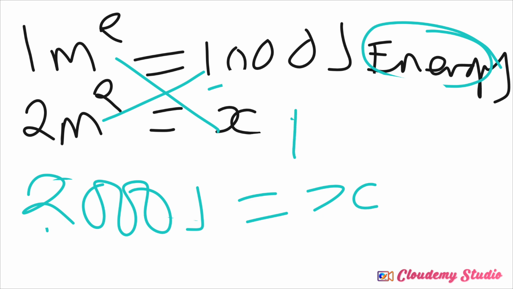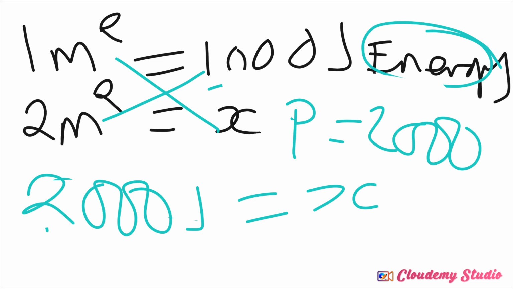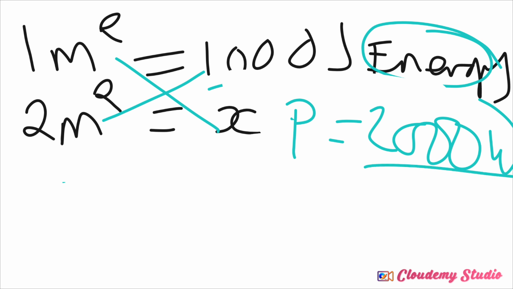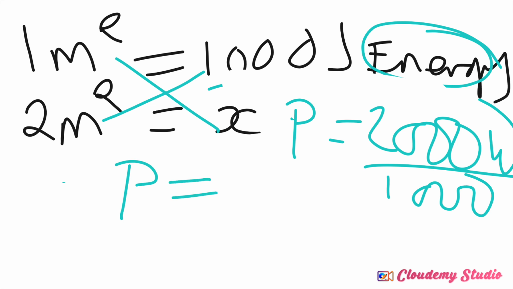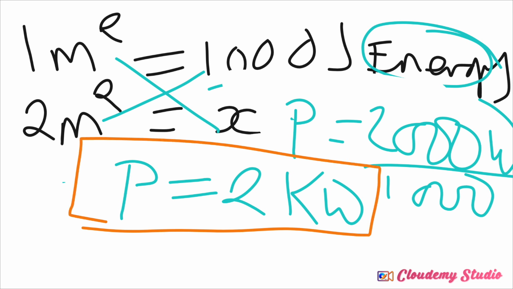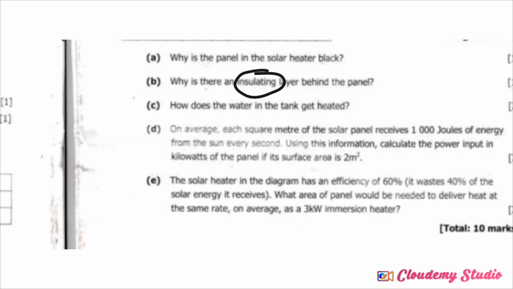So our power here is 2000 watts. To convert it to kilowatts, 1 kilowatt is equal to 1000 watts, so we divide 2000 by 1000. Hence the power is equal to 2 kilowatts. This now becomes our answer.